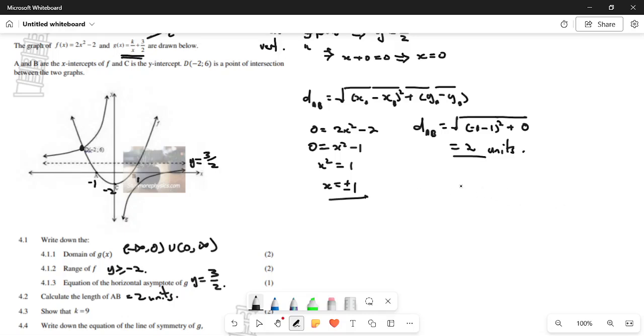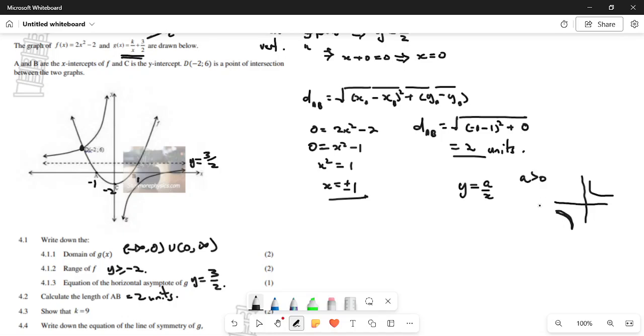We know that the standard equation of a hyperbola is defined by y equals a divided by x. If our a is greater than 0, we are expecting this function to be sketched in the first quadrant and the third quadrant.